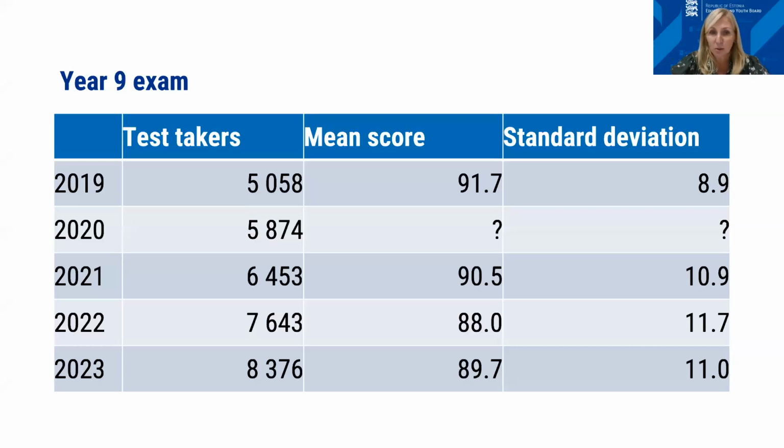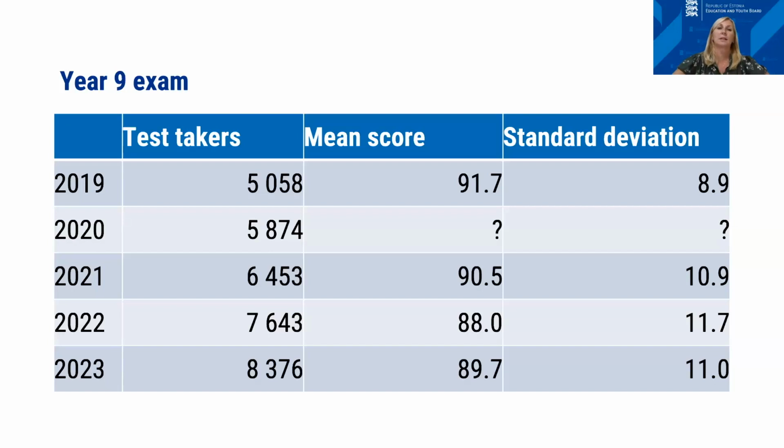So I would like to say a few words about the exam statistics that you can also see on the screen. Perhaps something worth noting is that the exam is increasingly popular. In 2023, more than 8,000 students picked this exam.